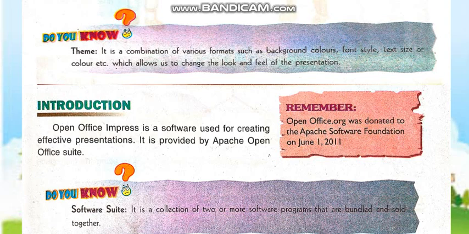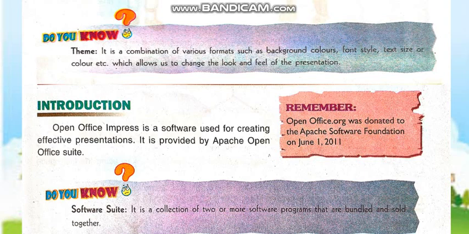This is one of the software which is free of cost available on the internet and has been donated by OpenOffice to Apache Software Foundation on June 1, 2011. This is a similar software just like Microsoft Office.